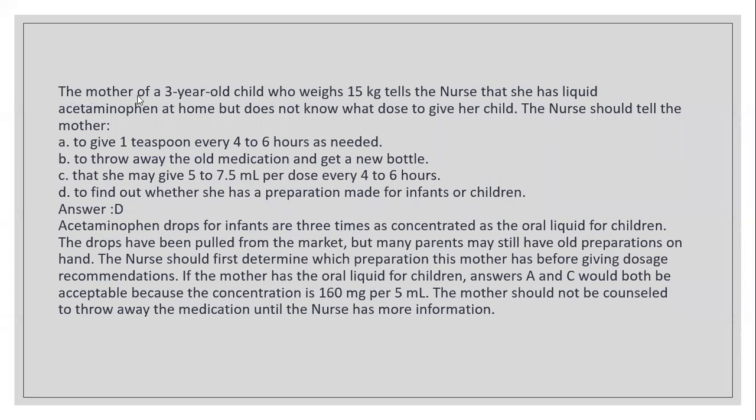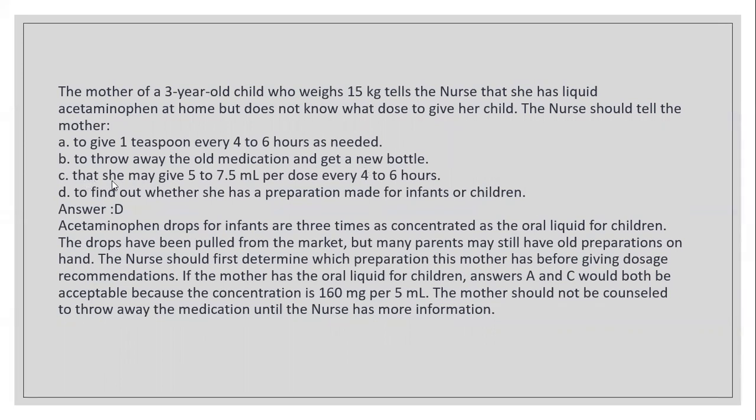Question: a mother of a 3 years old child whose body weight is 15 kilograms tells the nurse that she has liquid acetaminophen at home, but does not know what dose to give her child. The nurse should tell the mother A, to give 1 teaspoon every 4 to 6 hours as needed. B, to throw away the old medication and get a new bottle.